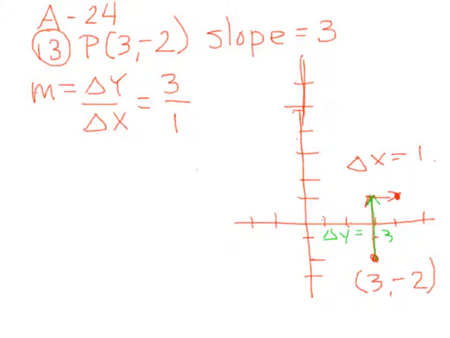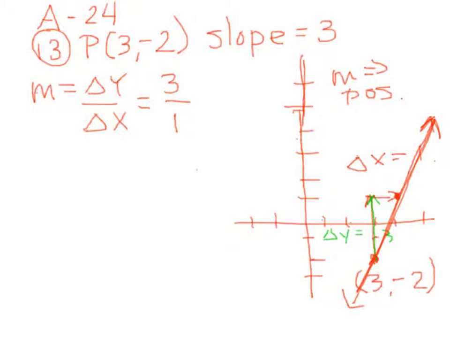And now if I connect those dots, I'm going to get a line here. One never knows what I'm going to really get when I connect those dots. No, there they are. There it is. And once again, I can see the slope is in fact positive, and I feel pretty confident I did it correctly. So here's the point 3, -2, and our slope was 3, which is 3 over 1.